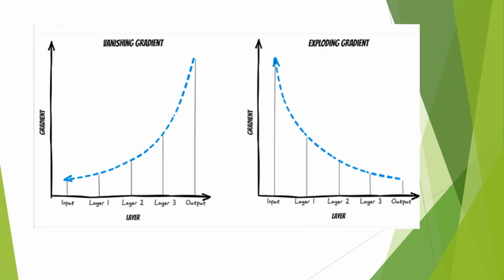Next, these are the gradient problems. You can see the vanishing gradient and the exploding gradient. From input layer to the output layer, how is the gradient fluctuating?